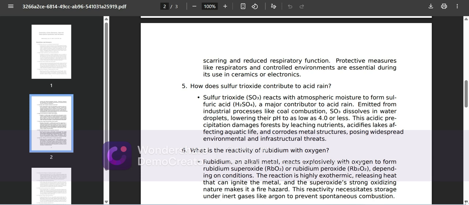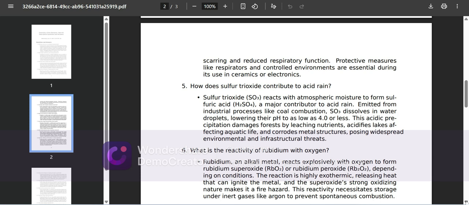How does sulfur trioxide contribute to acid rain? Sulfur trioxide, SO3, reacts with atmospheric moisture to form sulfuric acid, H2SO4, a major contributor to acid rain, emitted from industrial processes like coal combustion.